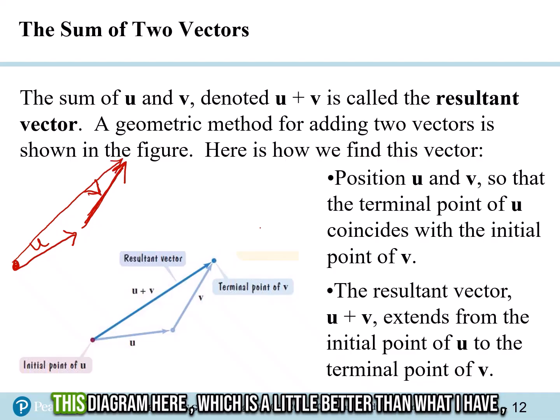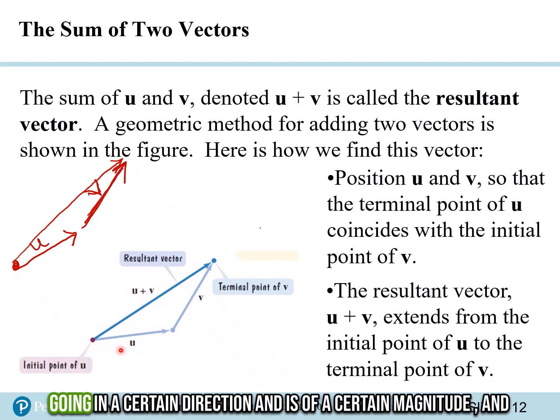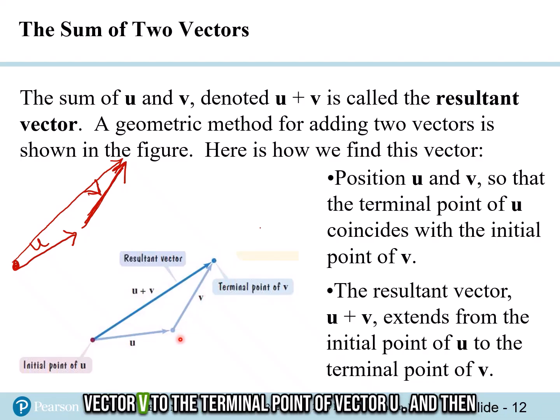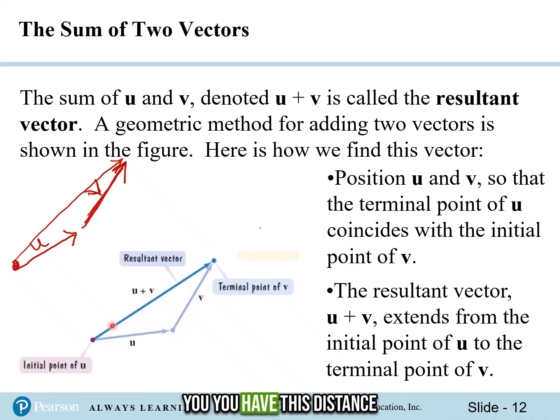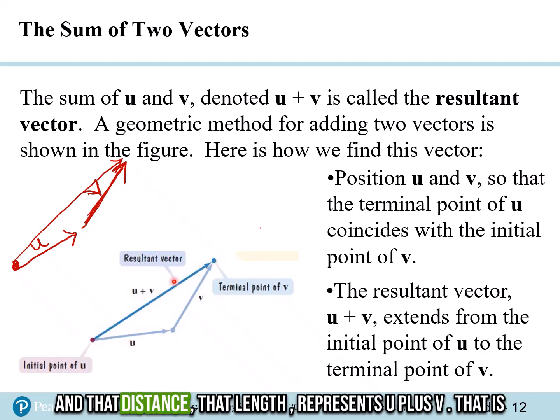So let's go to this diagram here, which is a little better than what I have drawn up here. So we have vector u going in a certain direction and of a certain magnitude, and we have vector v. Now you have to place the initial point of vector v at the terminal point of vector u, and then you have this distance running from the initial point of vector u all the way to the terminal point of vector v, and that distance, that length, represents u plus v.